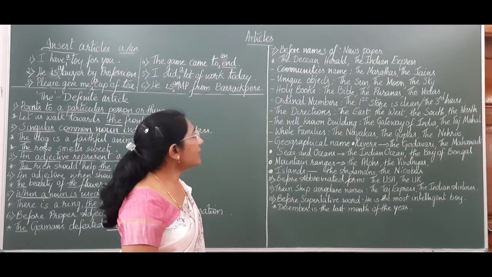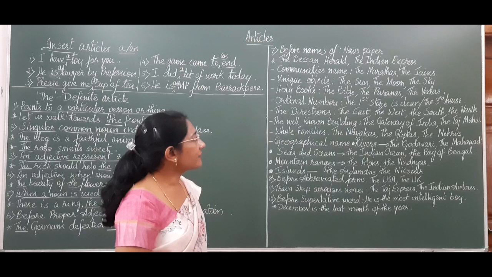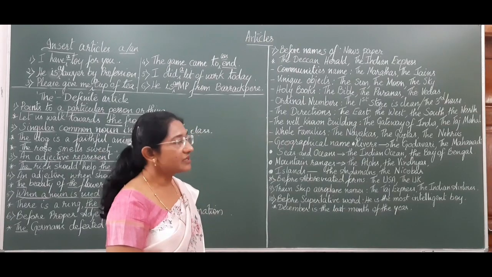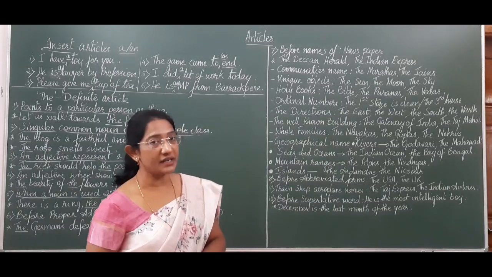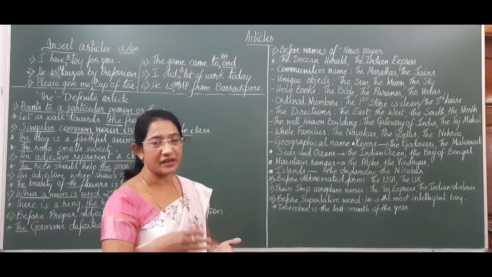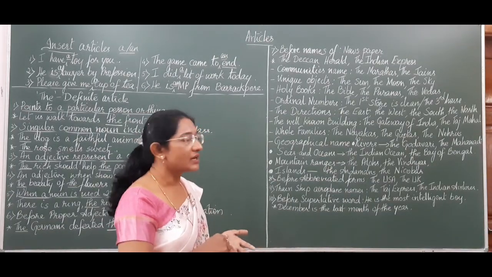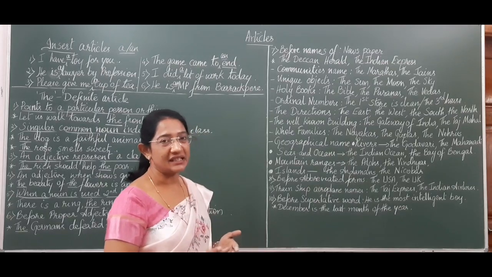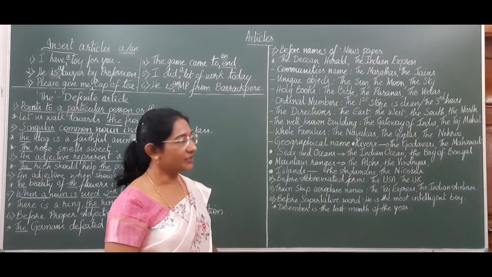Next, ordinal numbers, like first, second, third. There are ordinal numbers, there are also cardinal numbers. Cardinal numbers, you just tell 1, 2, 3, 4, 5 and so on, whereas ordinal numbers are told like first, second, third, fifth, eighth, and so on.